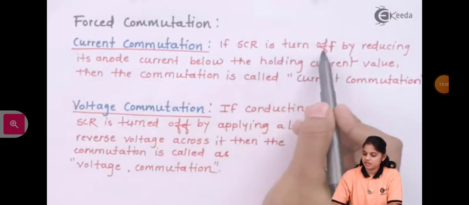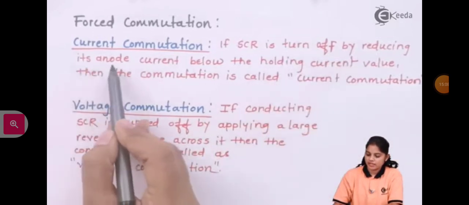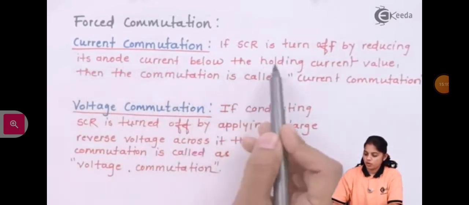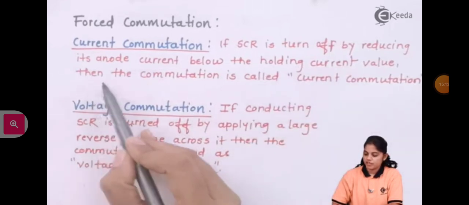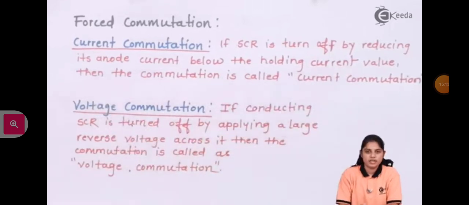If SCR is turned off by reducing its anode current below the holding current value, then the commutation is called current commutation. That means you should have a circuit which can be connected to the anode to cathode terminal, or anode terminal, and forcibly provide the reverse current or the negative current.